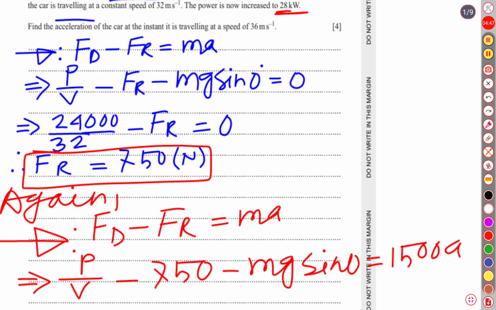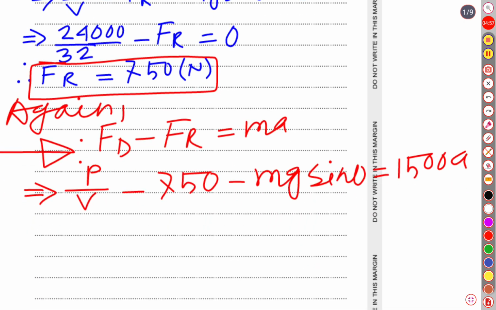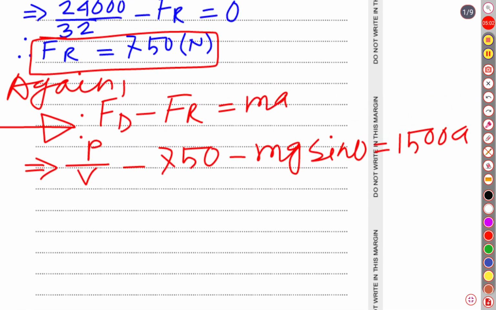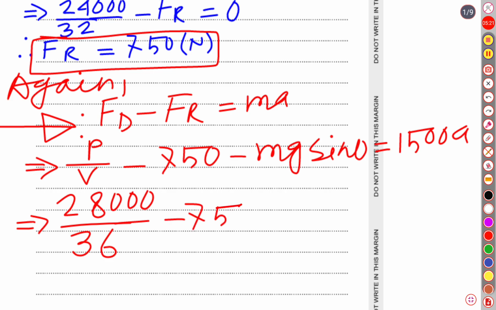So 28,000 over velocity, which is 36, minus 750 is equal to, since sine 0 is 0, there is no necessity of writing this, 1500 into acceleration.